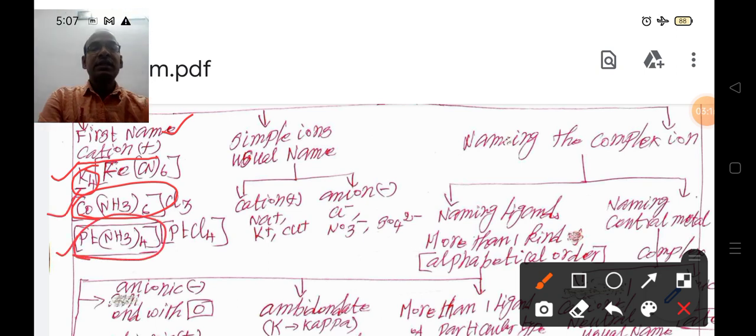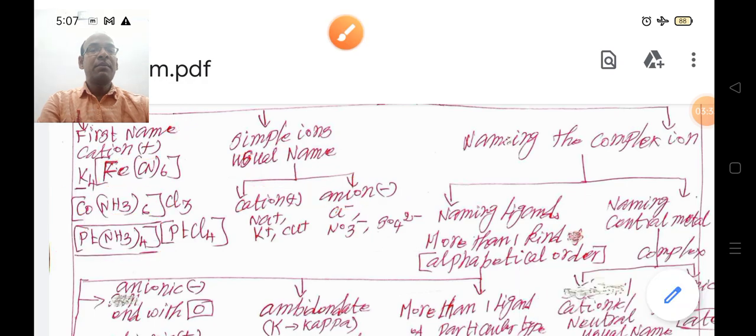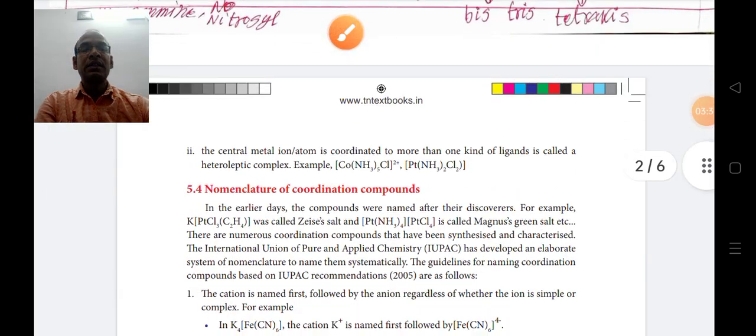If it is a simple positive ion, the usual name is used, that is, the common name, the inorganic name.